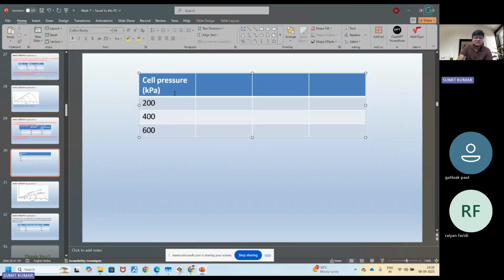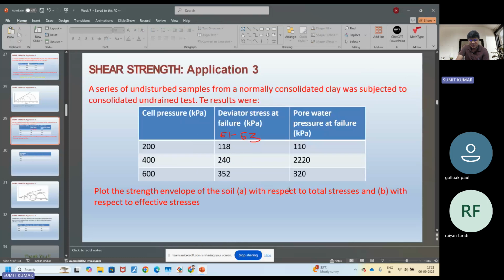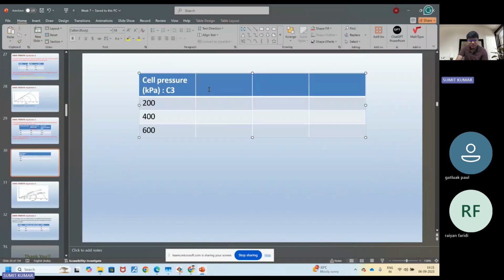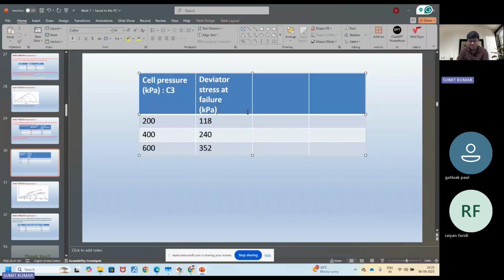I will write sigma 3 as C3, right? Just understand sigma 3 as capital C3. So the C3 value, the sigma 3 value, is 200, 400, and 600. When we calculate with respect to total stress, we have no problem. We have the deviatoric stress also. Deviatoric stress is going to be C1 minus C3, sigma 1 minus sigma 3 basically.